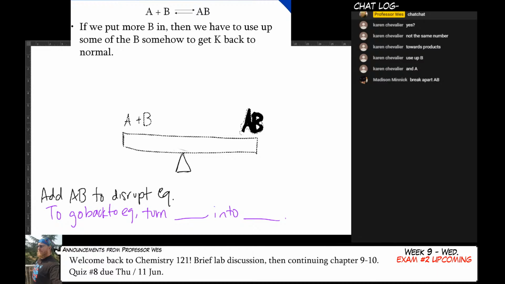I'm trying to erase this to make it look like there's less of it, but it's actually really hard to do. And I would make more A plus B. So to go back to equilibrium, I would turn my AB into the reactants A plus B. Or in other words, I would turn products into reactants.